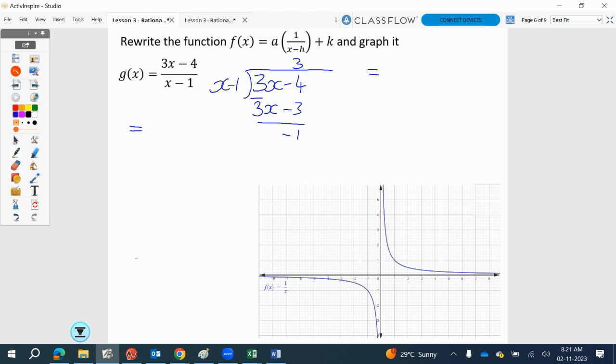So when we do this division, we get 3 remainder negative 1. So that remainder would be then further divided by this expression. So we're going to get this. Can we have a go at sketching that now?